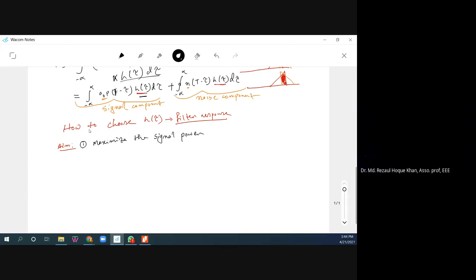The whole term should be maximized, and the noise should be minimized. That's what a better filter does. So minimize the noise power.